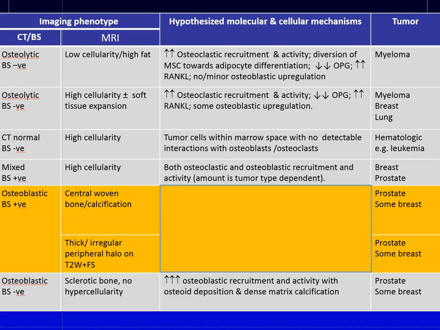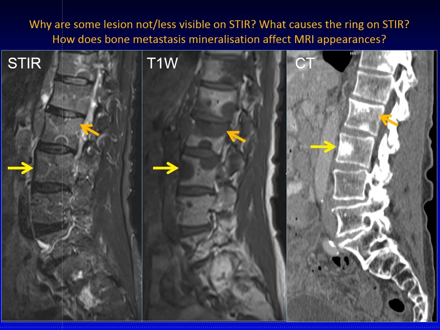This is the most common pattern one sees in breast and prostate cancer. It's very classical, and it consists of osteoblastic lesions which are highly cellular. Bone scan is positive, but in the center you have calcification, and in the periphery you have what's called the halo sign.